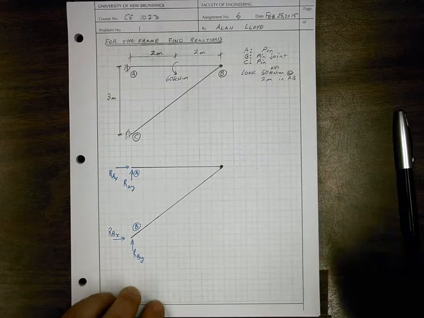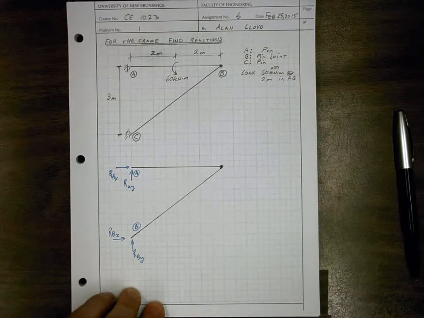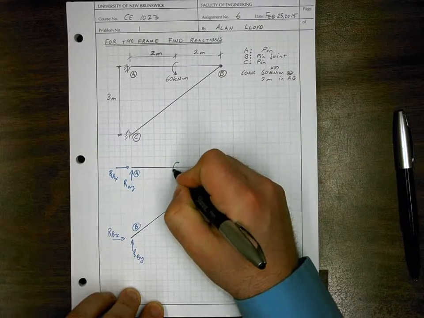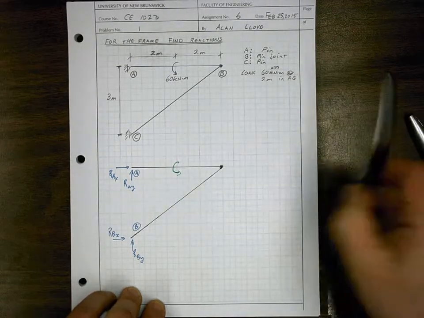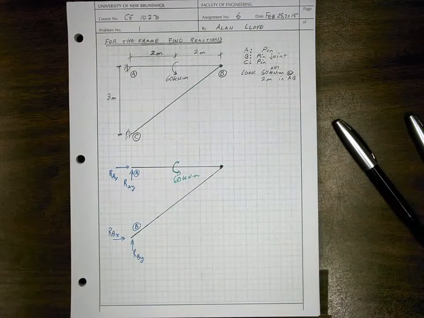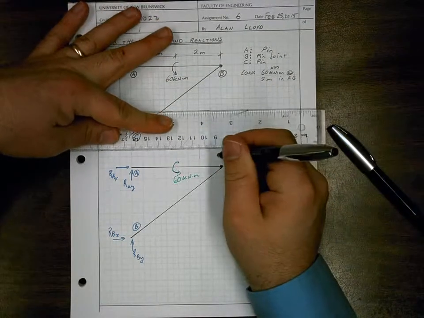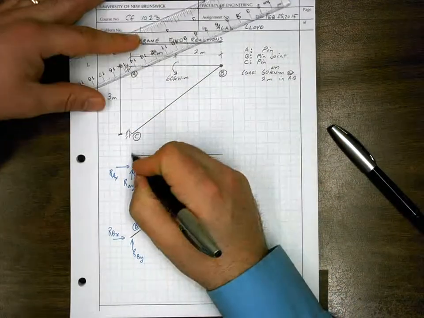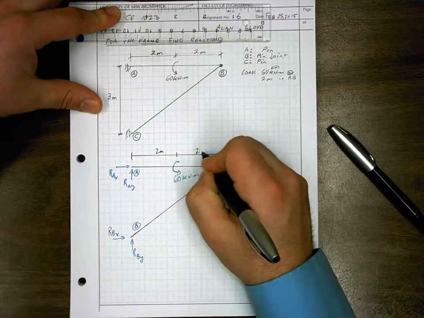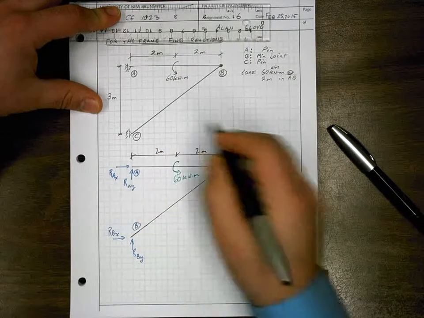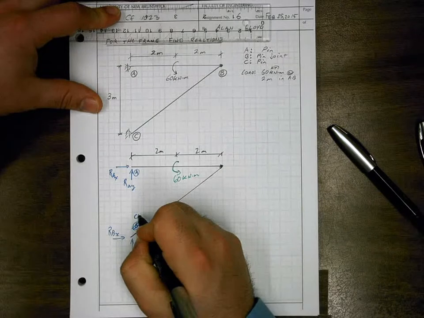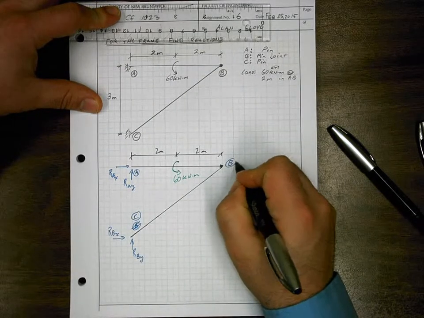Our internal loading is in the form of a point moment of 60 kilonewton meters, applied 2 meters away from location A. Oh, and I already made a mistake. This is really not location B, this is location C, and this is location B.